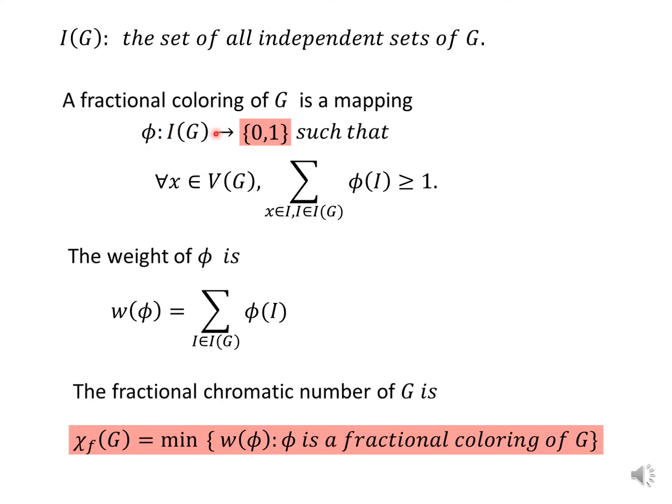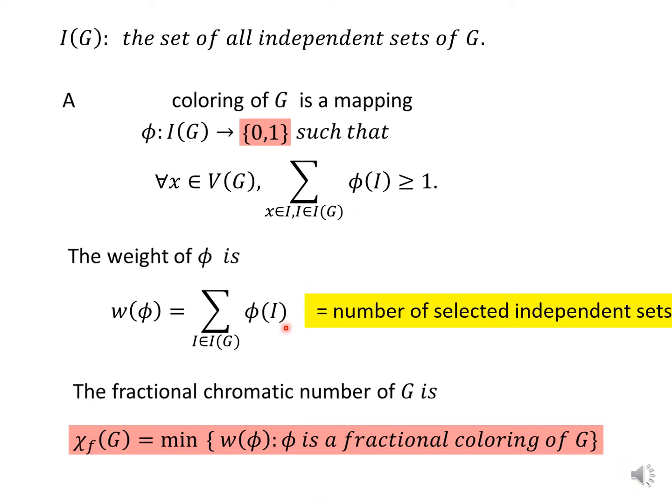With this interpretation, if this inequality is satisfied, every vertex is contained in at least one selected independent set. So this is a coloring of G, a selection of independent sets that covers every vertex of G.